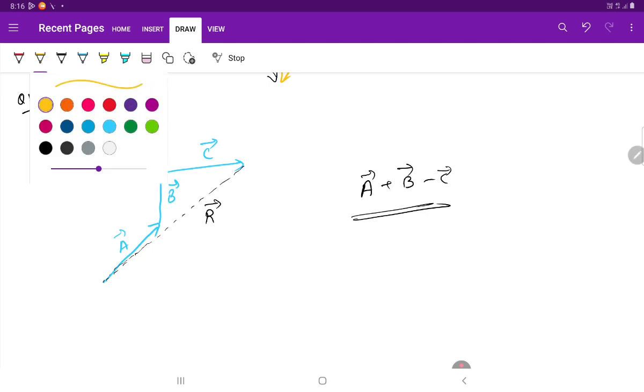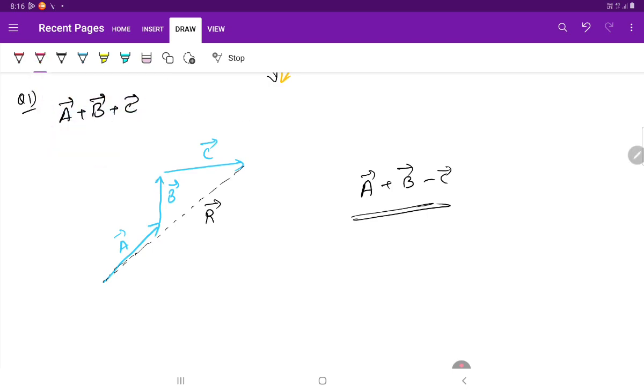I'm representing it with a pink color. So this is minus C vector, and from here, if you connect the line joining the tail of A vector and the head of minus C vector, you'll get the resultant R vector. Hope you get it. So this was just a simple problem, not even a calculation, just a kind of theoretical problem.